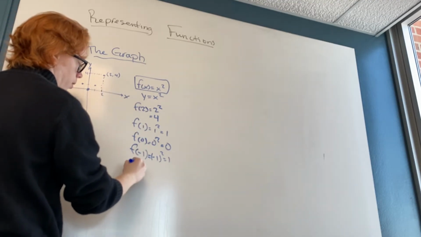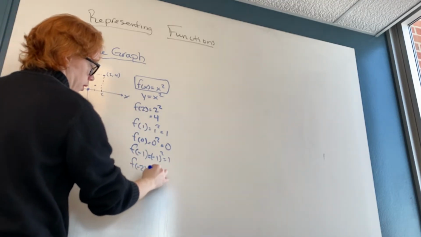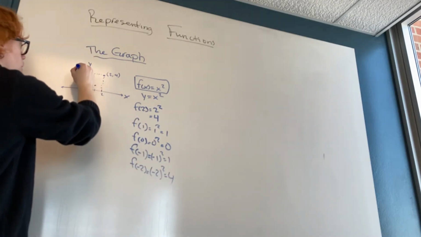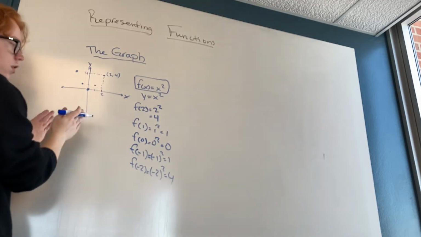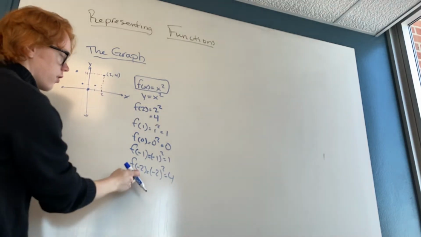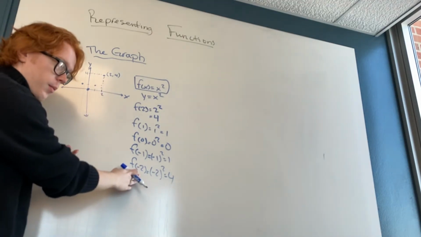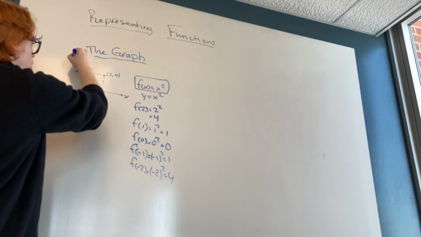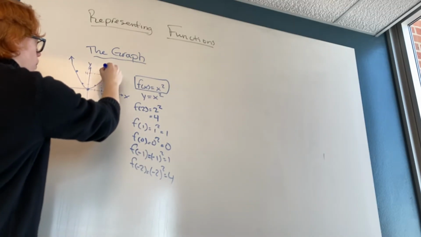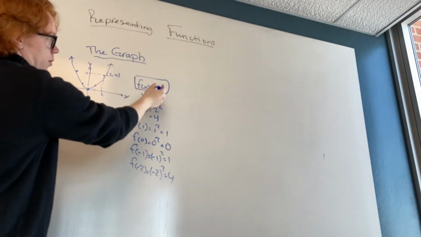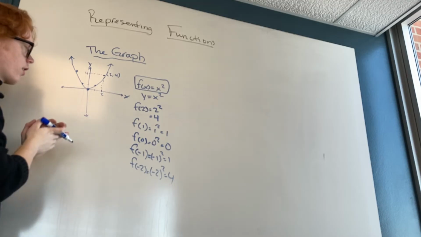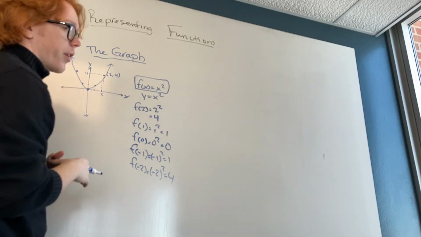And then f of negative 2 equals negative 2 squared, which equals 4. You can do a whole bunch of points in between there. It doesn't have to be integers. You could have 2.5 or something like that. But eventually you'll see that the shape of f of x equals x squared is this. We call this a parabola. We might talk about that more in depth later.